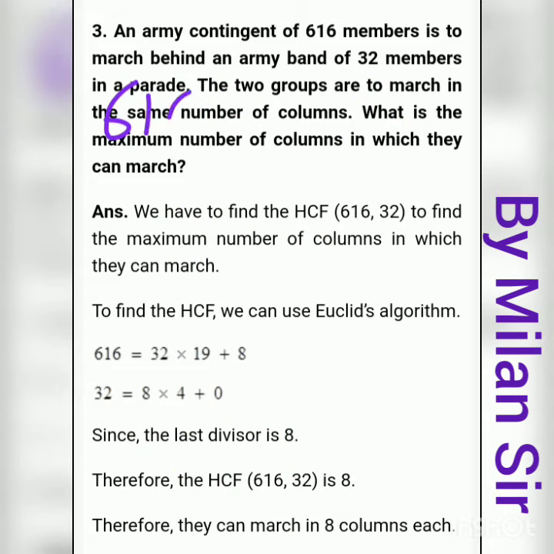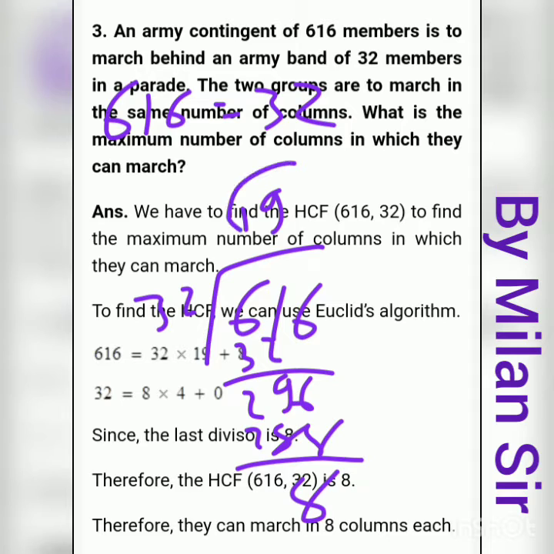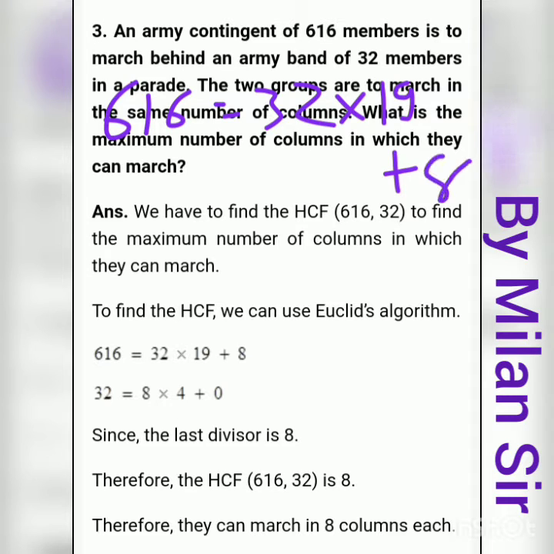Again 616, here we have 32. 616 divided by 32: 32 ones are 32, 11 minus 2 is 9, here 26, 32 nines are 288, so the remainder is 8. So our quotient is 19 and remainder 8, which we need to write in our original method. So here we write our answer 19, plus our remainder 8.